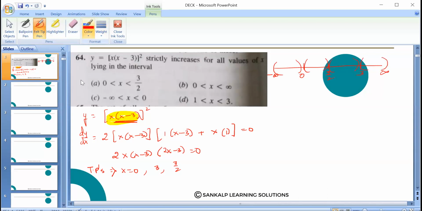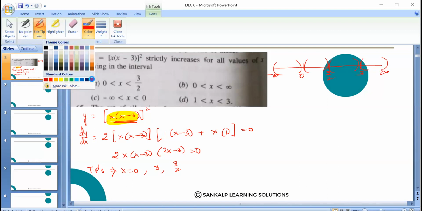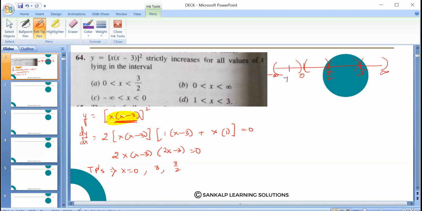In each interval, randomly pick up numbers, like here minus 1, here 1, here 2, and here 4. And you have to put it in the derivative dy by dx, that is 2x into x minus 3 into 2x minus 3.